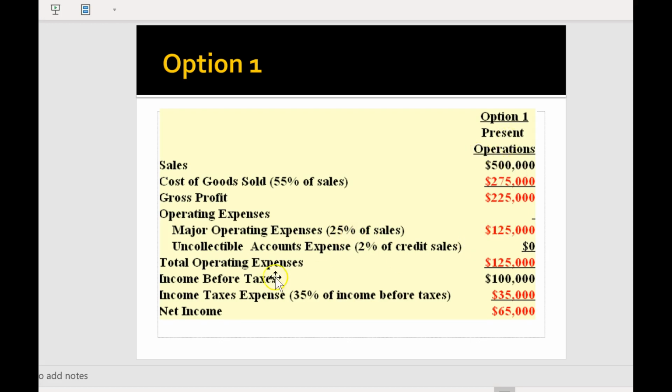That's 125,000. And there's no uncollectible account expense because there's no bad debt. You didn't extend any sales on credit, so it would be 0. So income before tax would be gross profit minus total operating expenses. That's 100,000. Tax expenses would be 35% of 100,000, so that's 35,000. Net income would be 65,000. So that's option one.